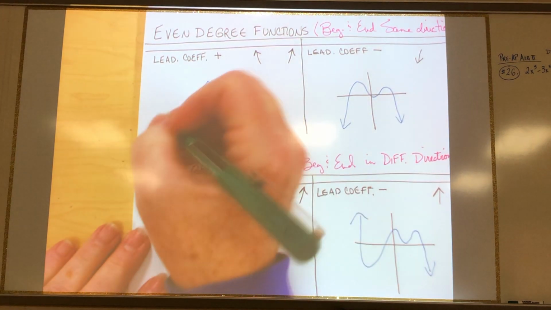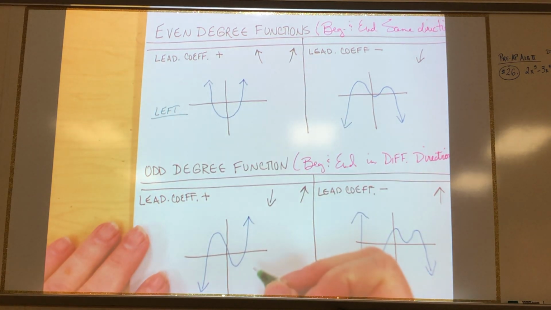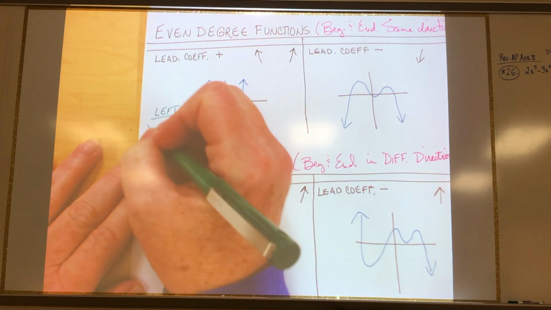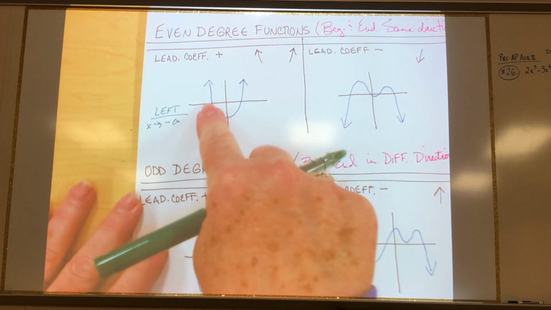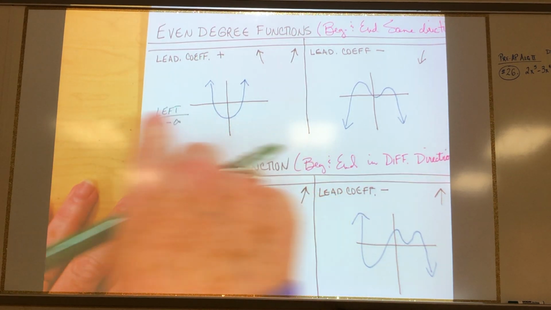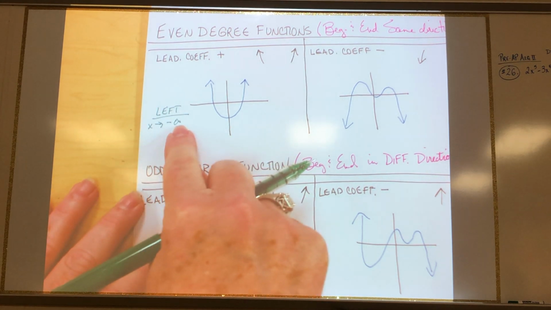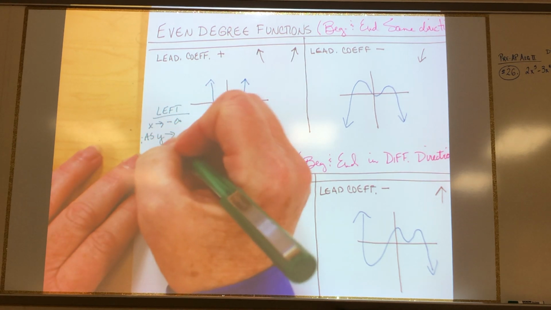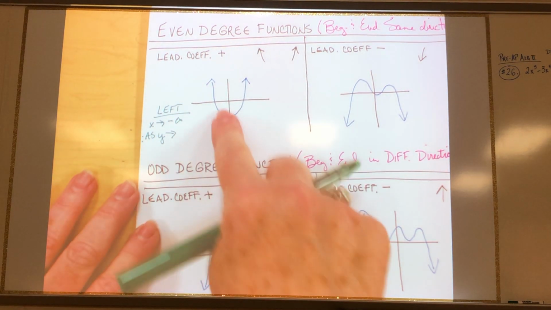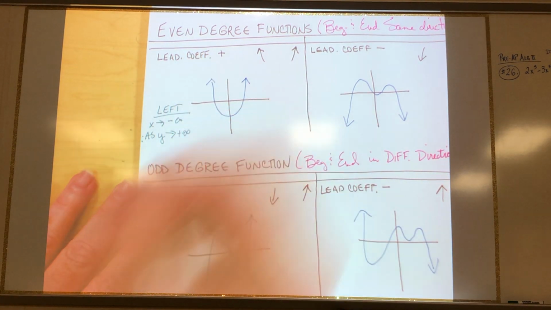All right, so over here on the left, if I go to the left, what does x have to be approaching? Negative infinity. Y'all, x is approaching negative infinity, so I'm talking about this side of the graph. So x approaches negative infinity as y approaches what? Yeah, because it's going up on the left-hand side. Does that make sense to you?